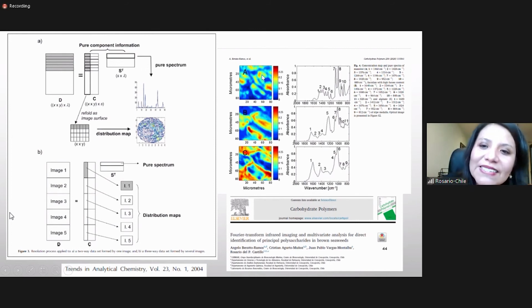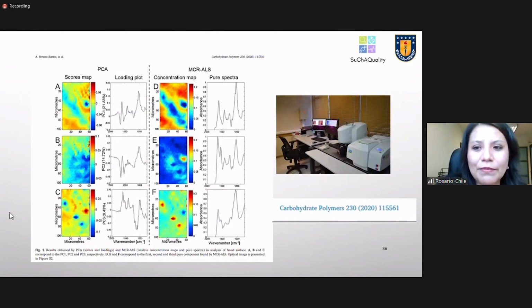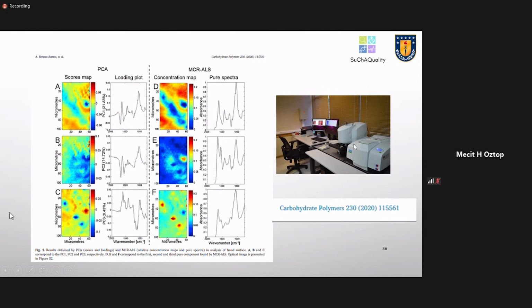We can see here 3 components after the application of the method that I will discuss better. This is the equipment that we use to do this analysis. This is the image, okay? This is the infrared spectrometer.